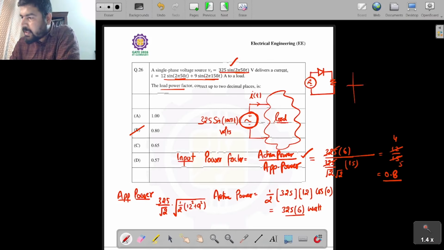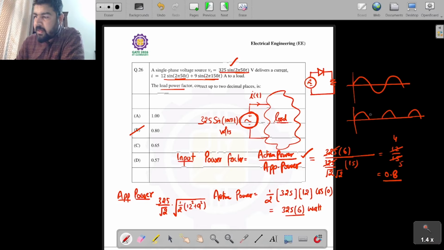The source voltage is, let's say, pure sine wave, and we know that the current will not be pure sine wave. The current supplied by the source to the load is not pure, it contains harmonics, it contains different frequency components. Now in this situation the input power factor and the load power factor will be different. These two things will be different.